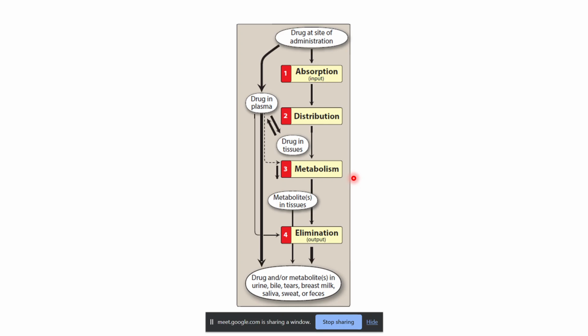They transform the drug in two types of reactions, phase 1 and phase 2. We will talk about them later.